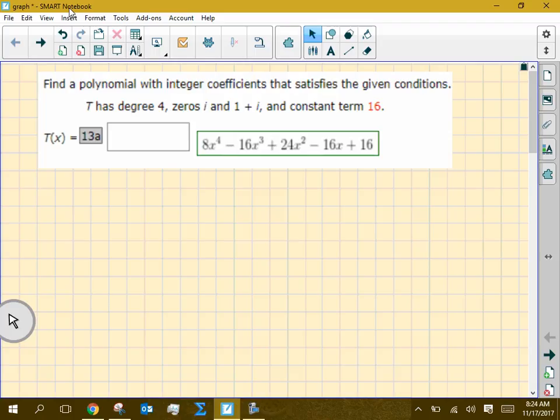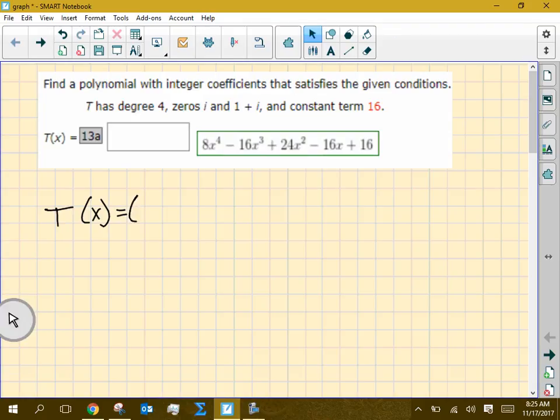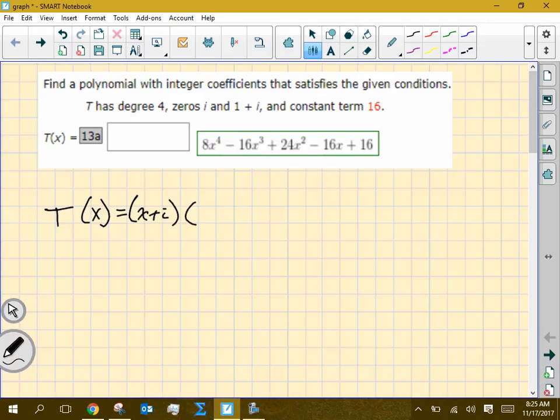To take this thing and write it as t of x. So t of x equals x plus i, x minus i.